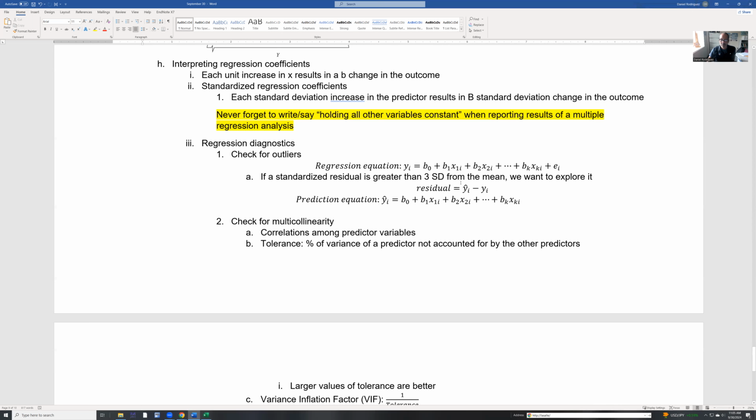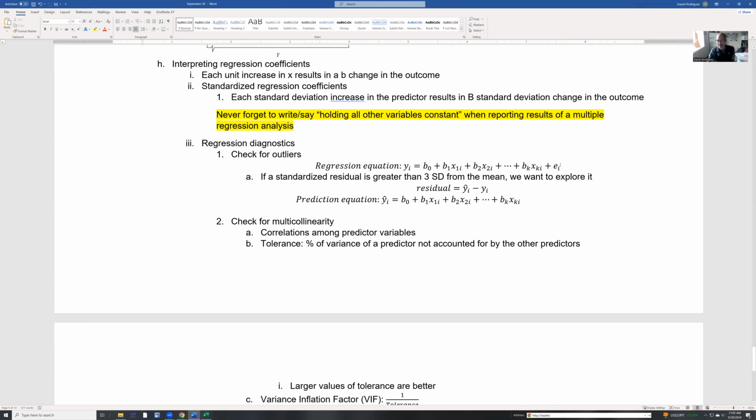Here's our regression equation. This is a multiple regression equation. We have our outcome variable. Notice that I don't have a hat here now. He must have been really hot, so he took off his hat. So this is actually an observed value of my outcome. These are my slopes, and these are my predictor variables.